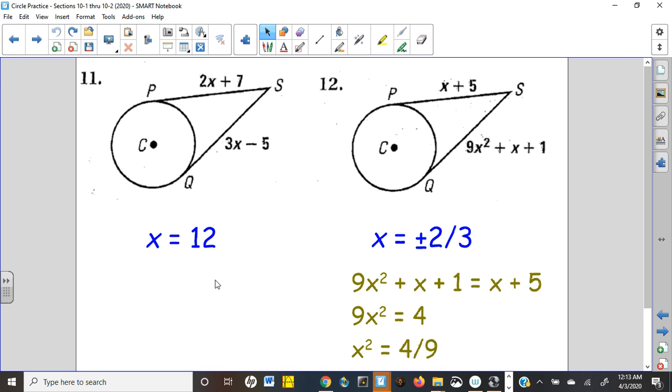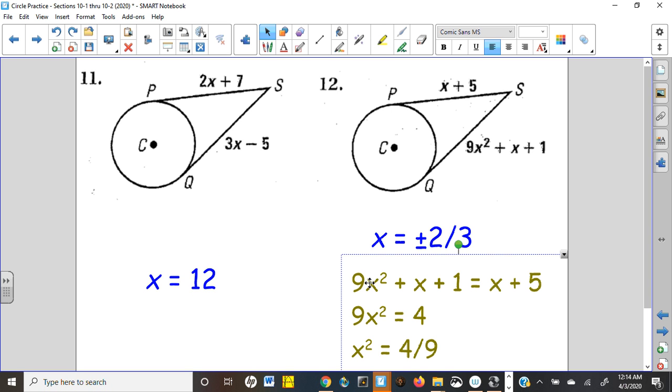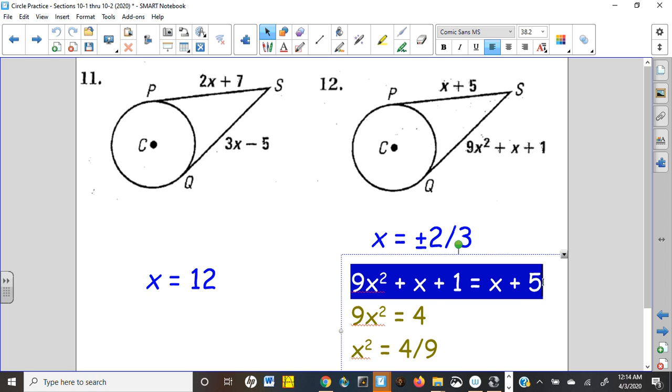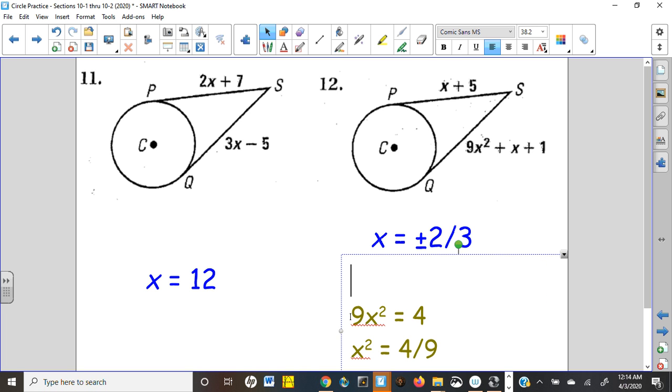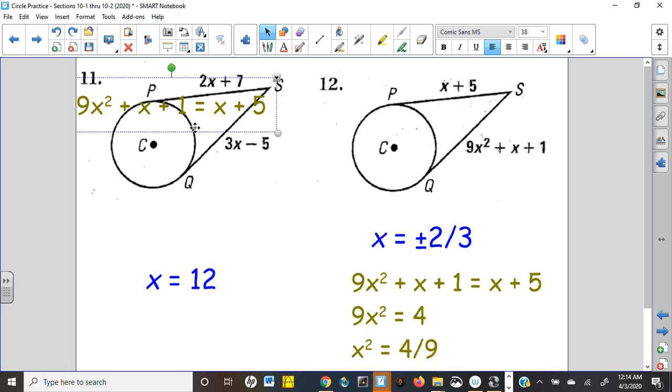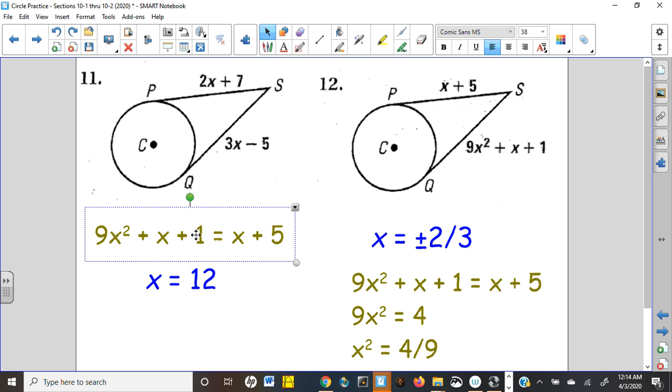Tangent segments from a common point outside of a circle are congruent to each other. They have the same length. And so you just have to set them equal to each other. I didn't set this one up probably because nobody ever really asks about it.